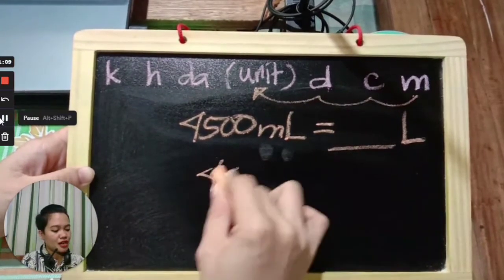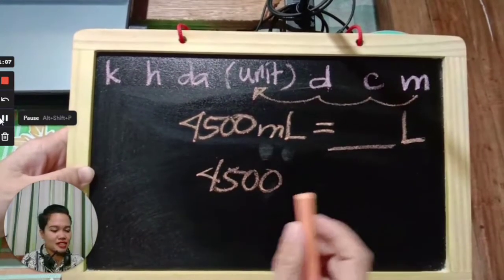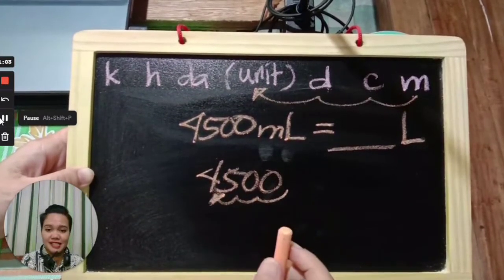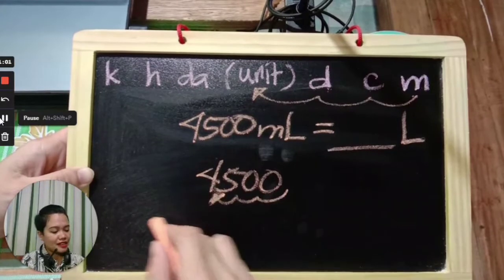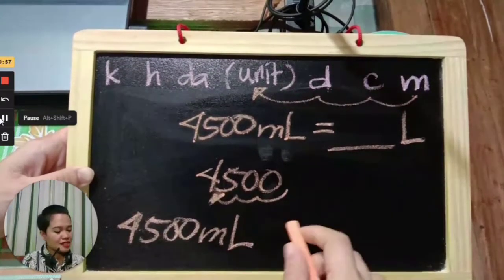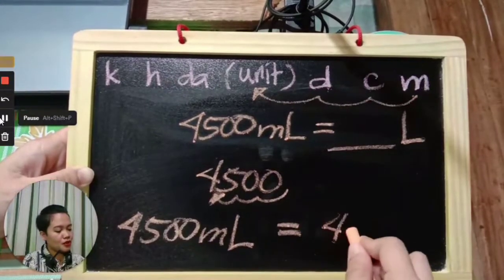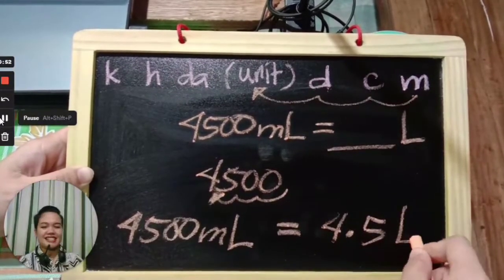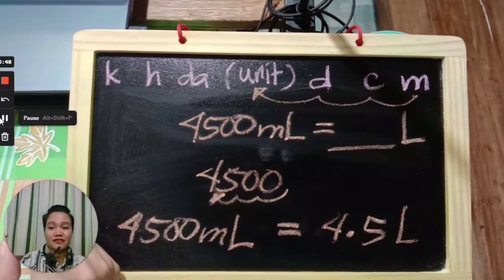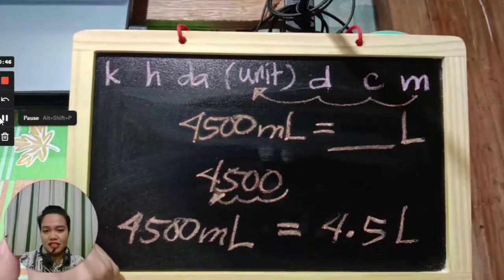In short, if you have 4,500 and move that 1, 2, 3 decimal places to the left, then your 4,500 ml is equal to 4.5 liters.